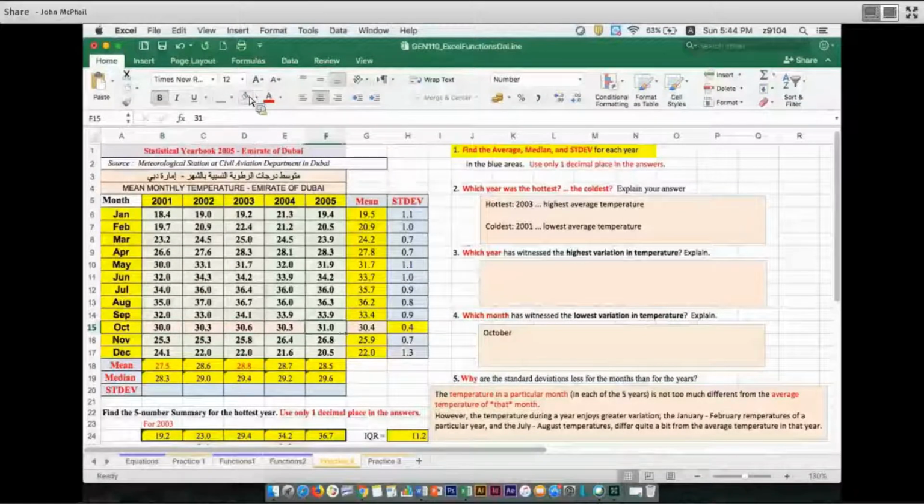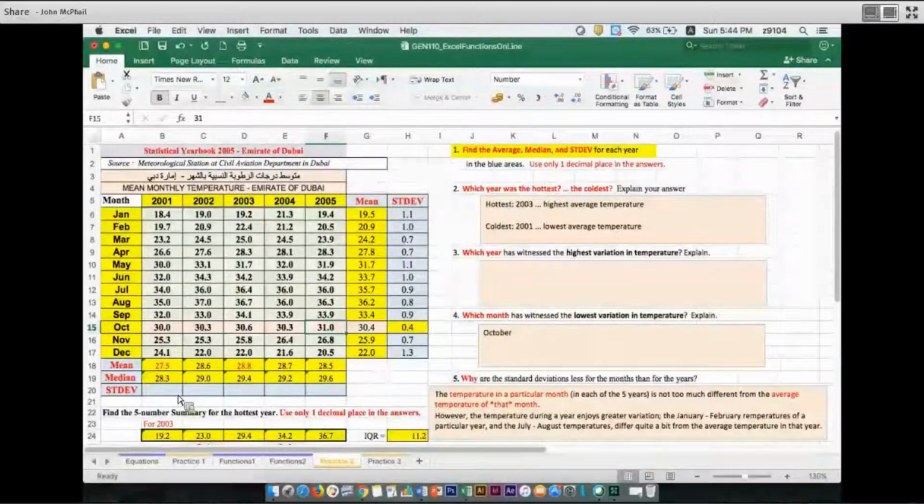Another differs by 0.6. The average difference, 0.4. The standard deviation gives you the average variation from average, the average deviation from average. Very small, because for a particular month, the temperature is very close to the average.